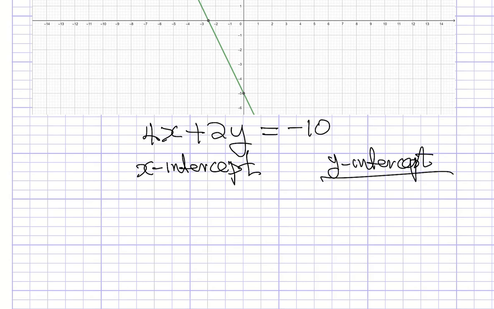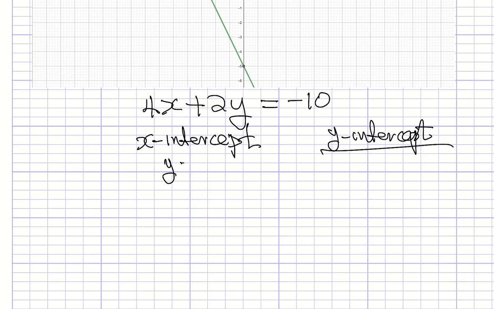Okay, to find the x-intercept, as we said before, you put y equals 0. Then you have 4x equals minus 10, because the y variable becomes 0.